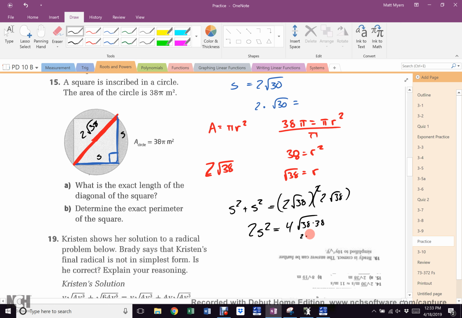Which is 2 times 19 and 2 times 19, correct? Is that a pair? Is that a pair? So I bring out 38, right? 38 times 4: 30 times 4 is 120, 8 times 4 is 32. So it's 152. 2S squared equals 152. S squared equals 76. S equals root 76. And then you would break it down.